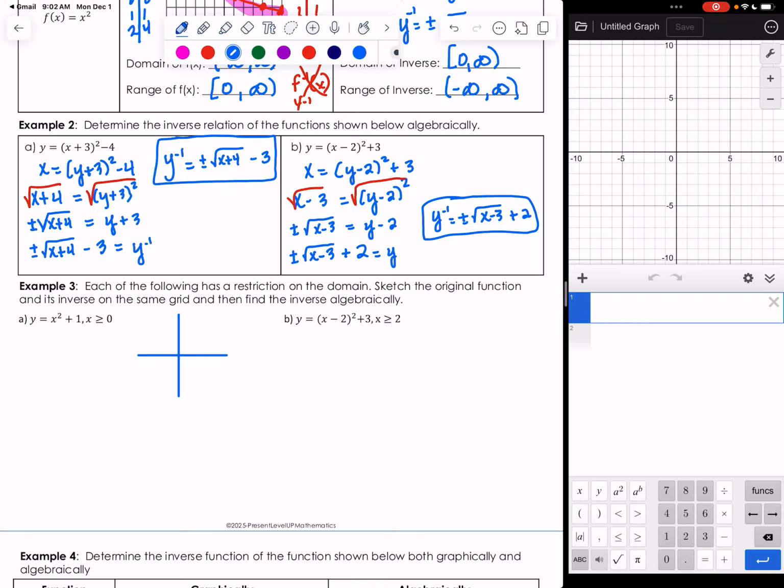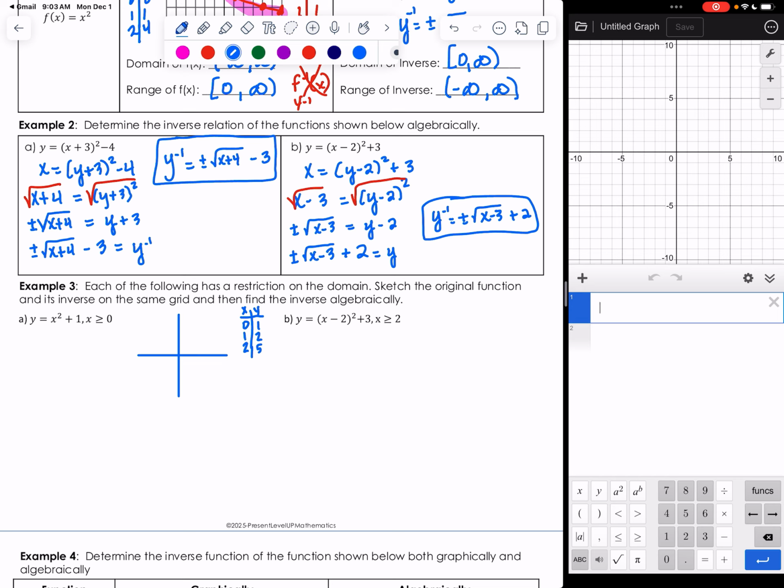All right, so let me make a table. If I can only use x values that are greater than or equal to 0, I'll start with 0. So if I plug in a 0, I would get 0 squared is 0, and 0 plus 1 is 1. If I were to plug in a 1, 1 squared is 1, 1 plus 1 is 2. If I were to plug in a 2, 2 squared is 4, 4 plus 1 is 5.